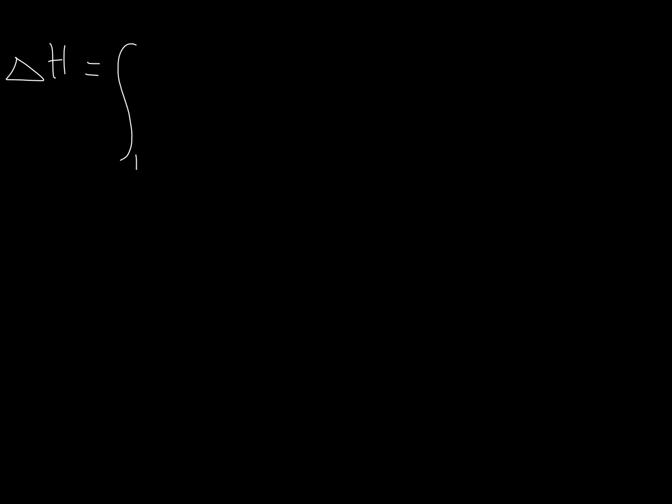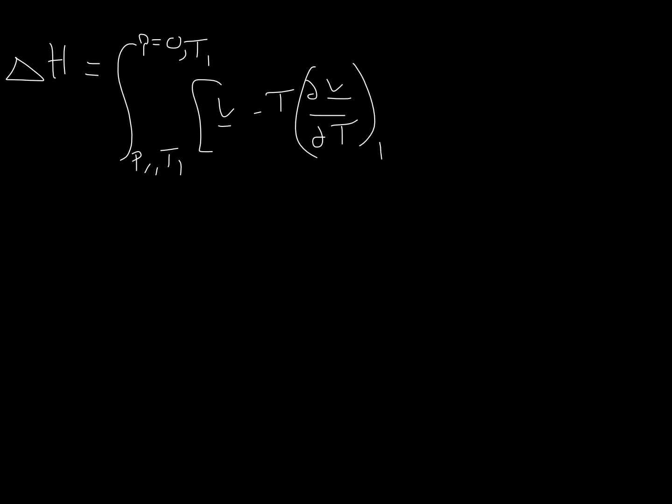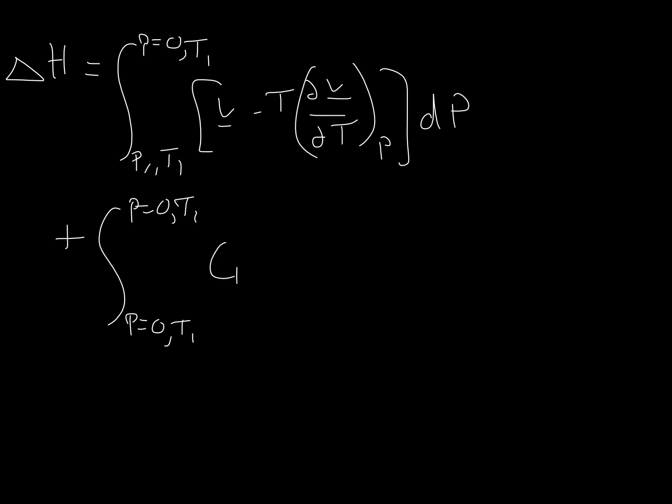So we integrate from P1 T1 to P equals 0 T1, plus from P equals 0 T1 to P equals 0 T2, plus from P equals 0 T2 to P2.